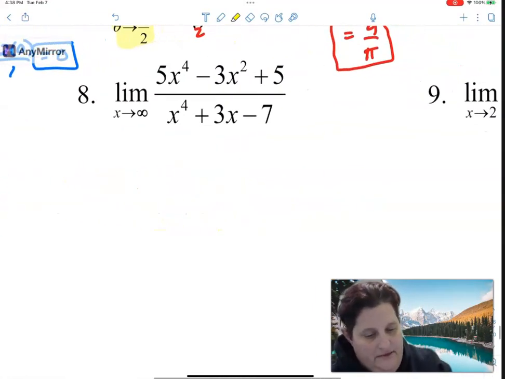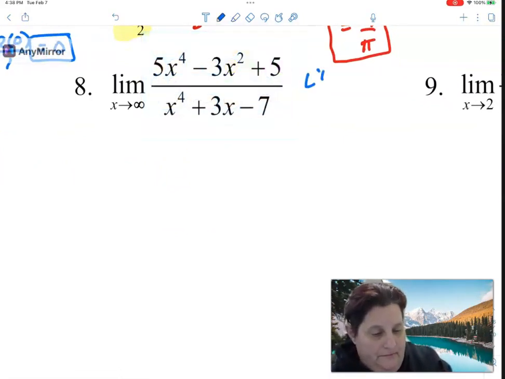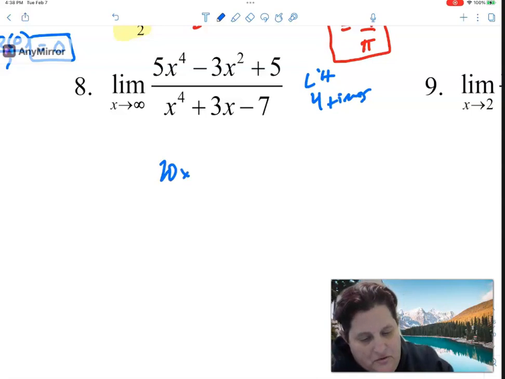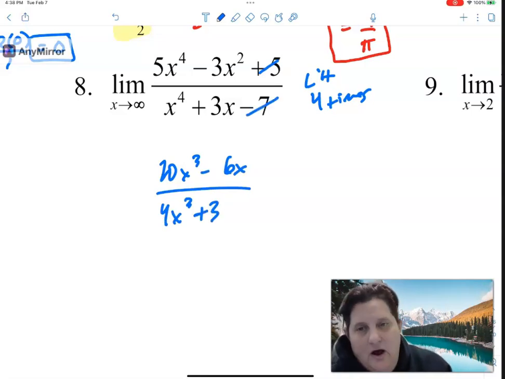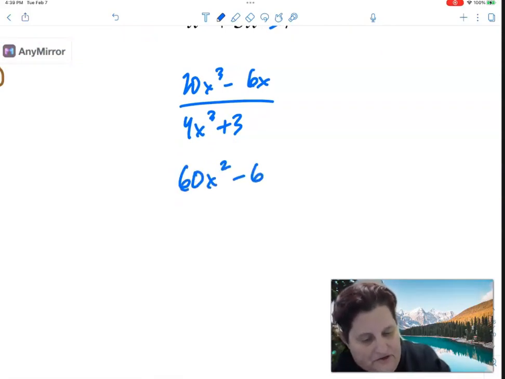All right, let's see. These both go to infinity. Now, I could do L'Hopital's rule 4 times. Okay, I could. You don't have to write this down. Just look. It's like 20x to the third minus 6x over 4x to the third plus 3, and it's still infinity over infinity, so then I do it again. 60x squared minus 6, and that's over 12x squared.